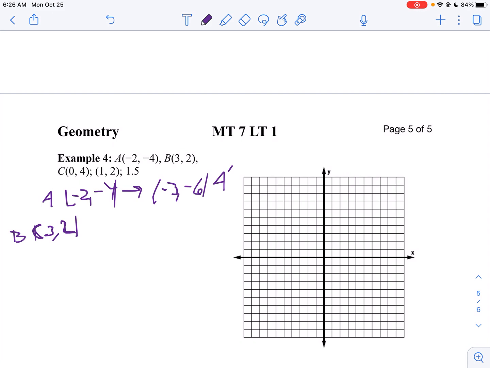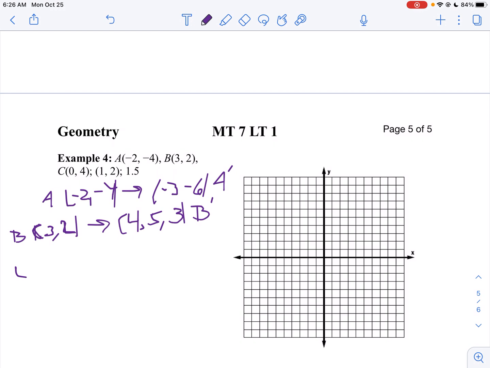So that'll be at 4.5, because 3 times 1.5 is 4.5, and 3. That's B primed.